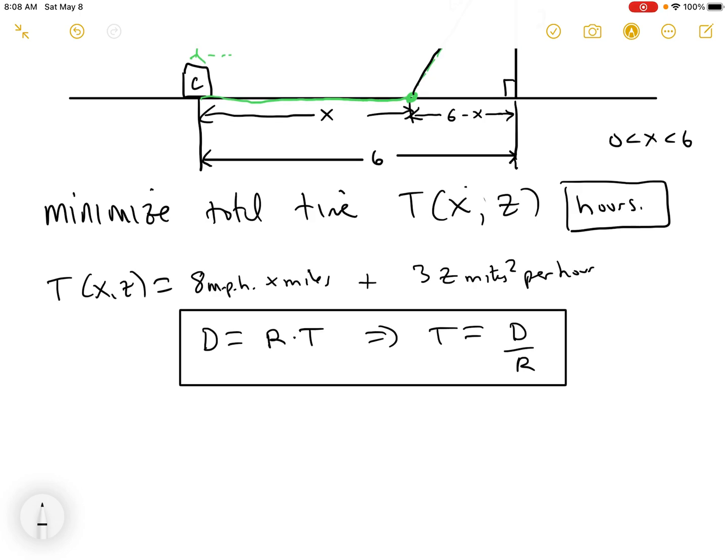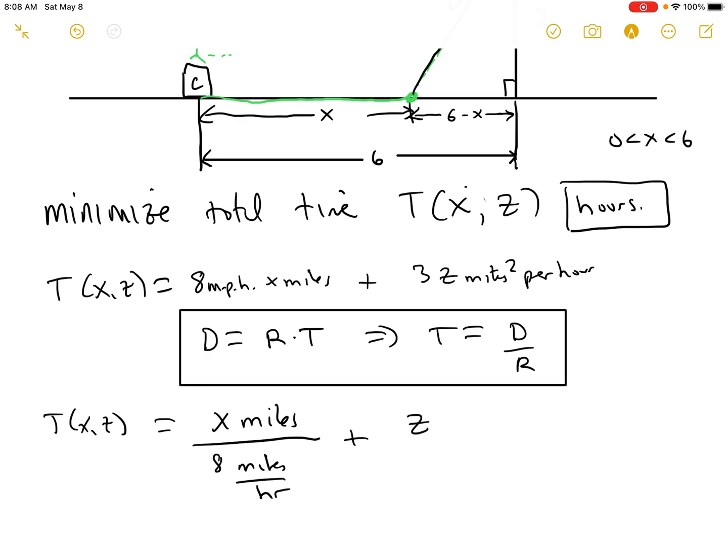So what we have here is distance, which is x miles, over 8 miles per hour, plus the distance swum is z miles over 3 miles per hour.